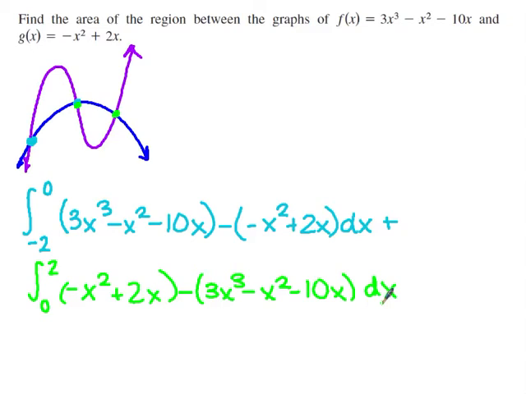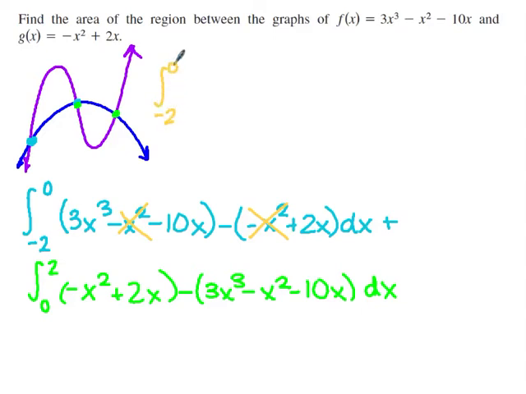Okay, so it's a long integral that we need to go through and solve. So the first one, cancel out the x squared. The first one does cancel out the x squareds, you're right. Subtract, couple x's from 10x, that would be 2. So basically what ends up happening is you end up having the integral from, and I'm going to write it up here just because I'm running out of room.